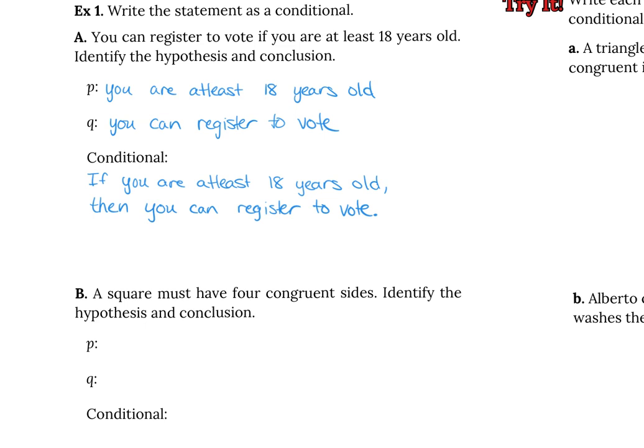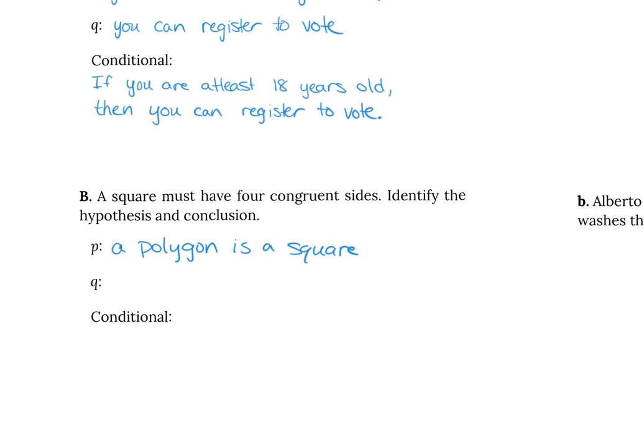Okay, so our hypothesis is if our polygon is a square, so a polygon is a square, then it needs 4 congruent sides. So it has 4 congruent sides.